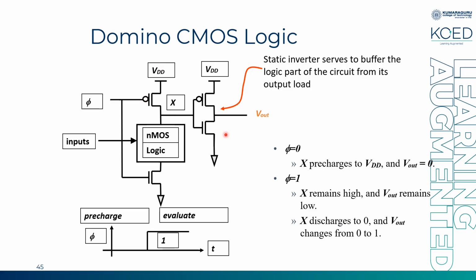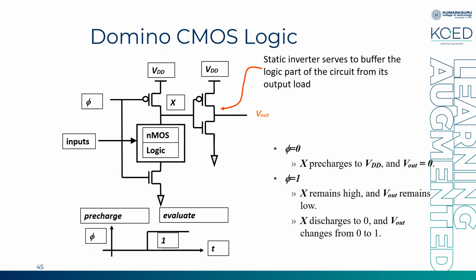So pre-charge happens here. When the clock is 1, the evaluation transistor turns on, and depending upon the inputs fed to the NMOS logic or pull down network, you have the transition. If everything drains, the node will be 0; if it does not drain, the same VDD remains here.